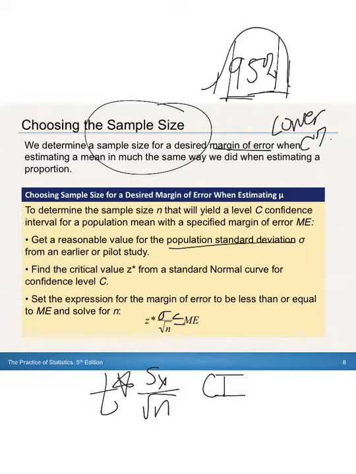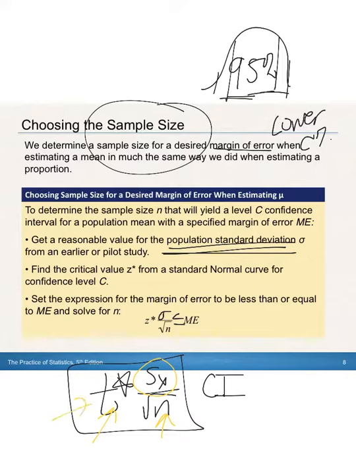So you will have the population standard deviation, because it's impossible to use this for this kind of calculation. You can't know the sample standard deviation without knowing the n, and if you don't have the n, you can't find the degrees of freedom. It's a useless tool if you're trying to do some calculations to figure out what n is going to be.